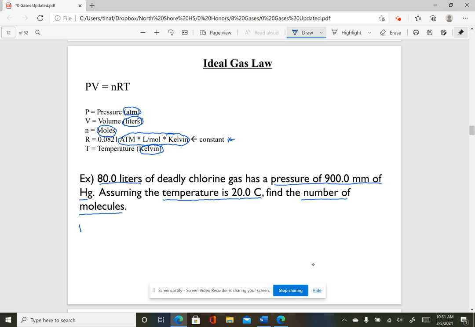So let's write down all of our values and see what they gave us and what we have to solve for. All right, so pressure, 900 millimeters of mercury. So that's great that they gave me pressure. Is my pressure in the correct units? No, it's not. Pressure has to be in atmospheres to use this equation.